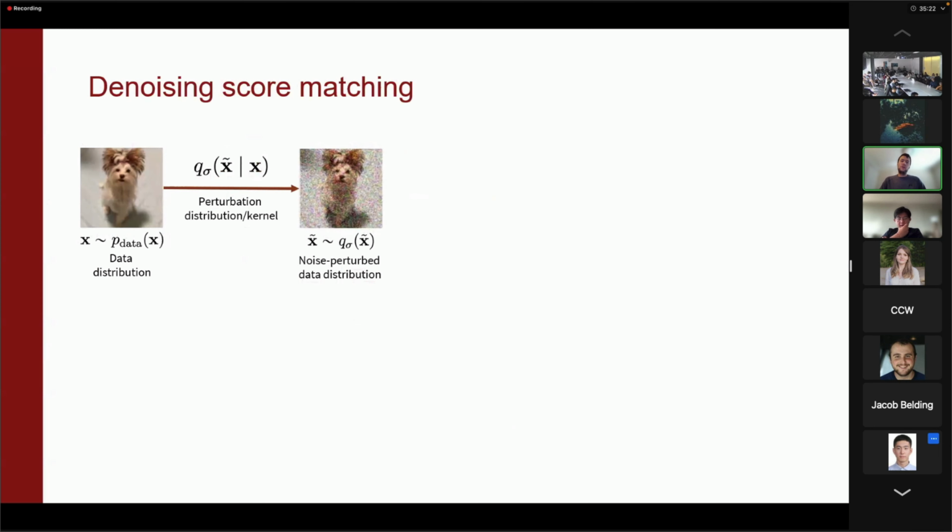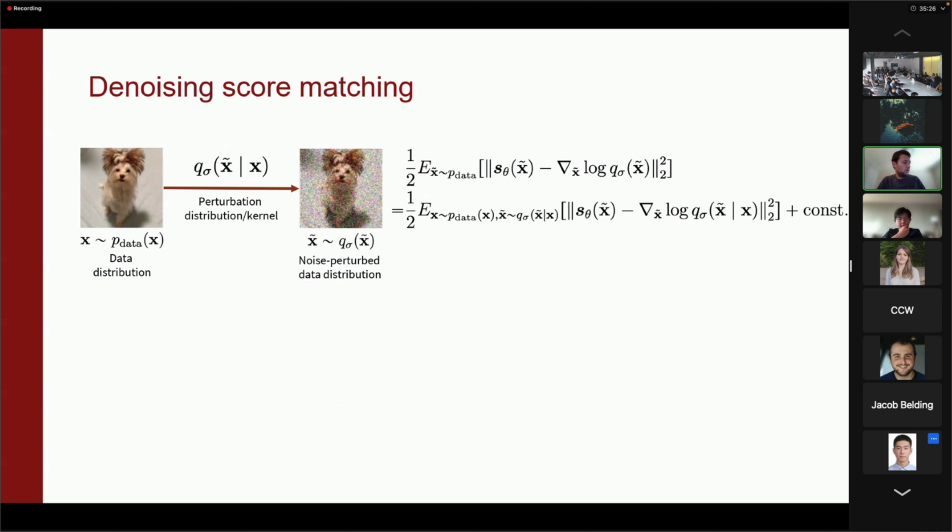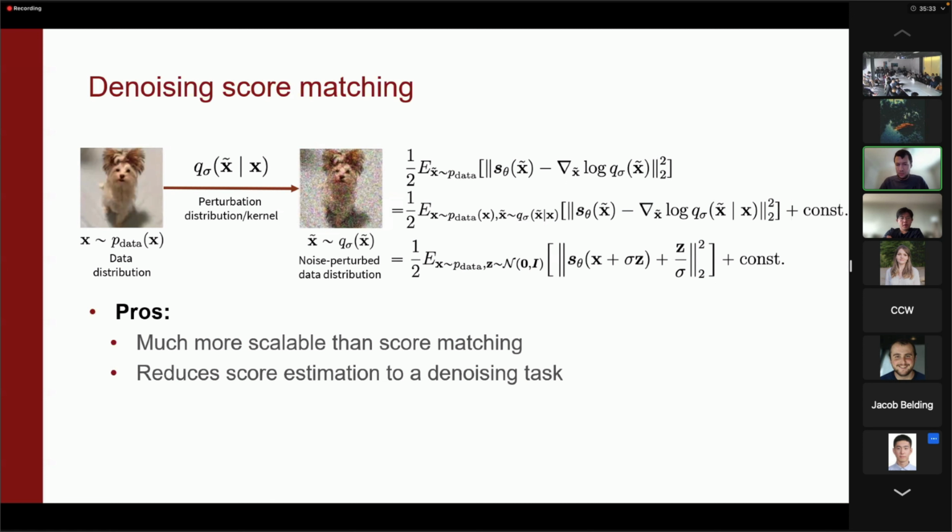But there is another version of this, which is called denoising score matching, which maybe I'll go through quickly since time is running fast here. Essentially, there is a way to reduce the problem of estimating the score to a denoising problem, because we're dealing with this very special case where we're trying to estimate the density of a data distribution that has been convolved with Gaussian noise.